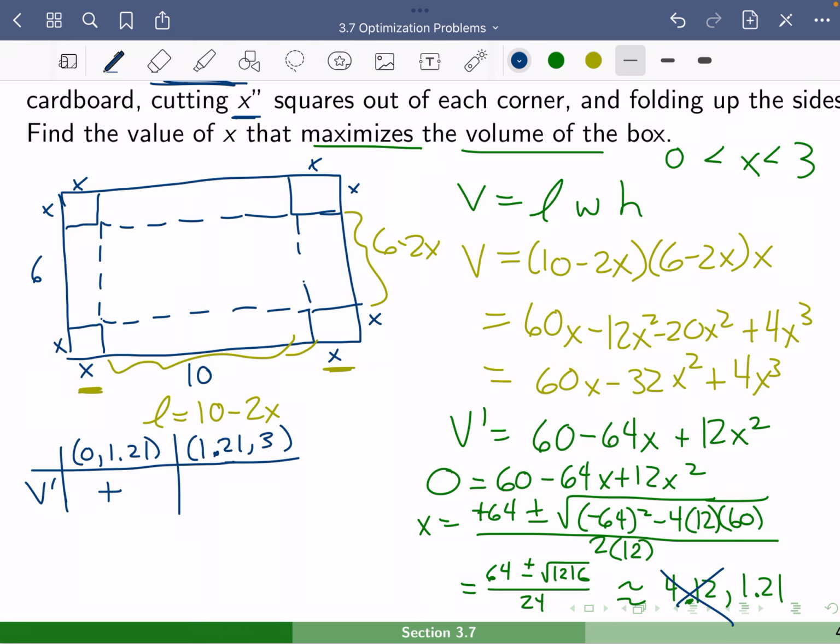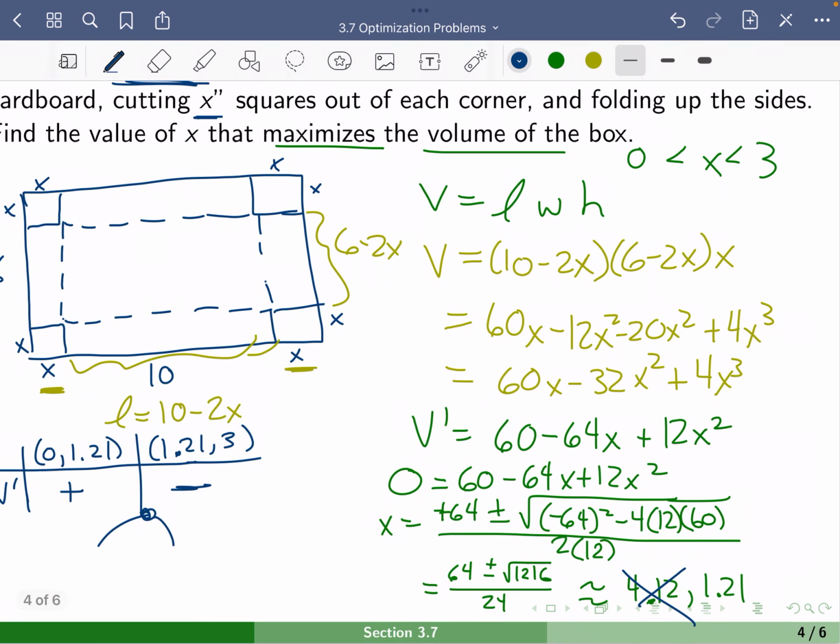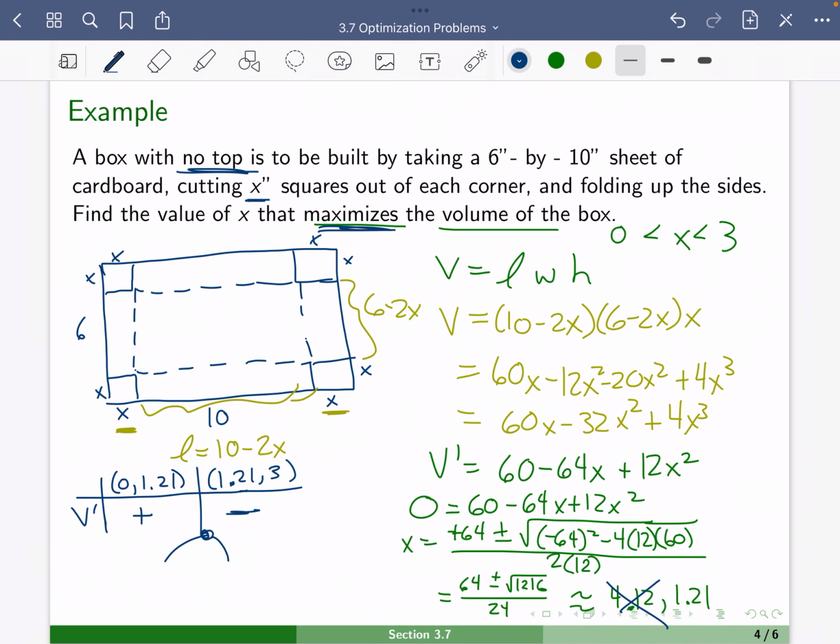If you plug 2 into that same thing, you're going to have 108 minus 128, and that will be a negative number. So we're going from increasing to decreasing, so right there at 1.21, we must be at a maximum. That's what we're trying to do. We're trying to find the maximum volume. And so we have a maximum when x is equal to 1.21 inches.